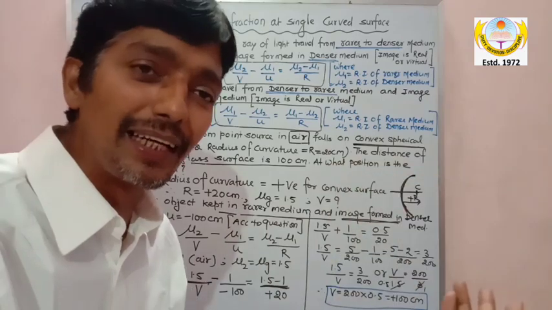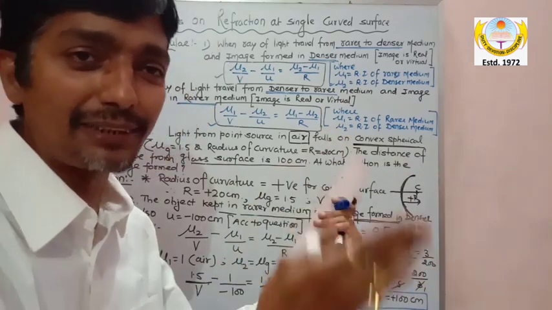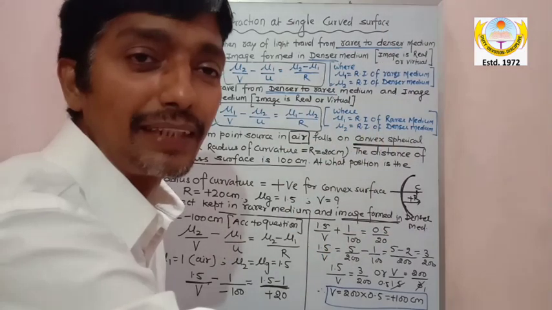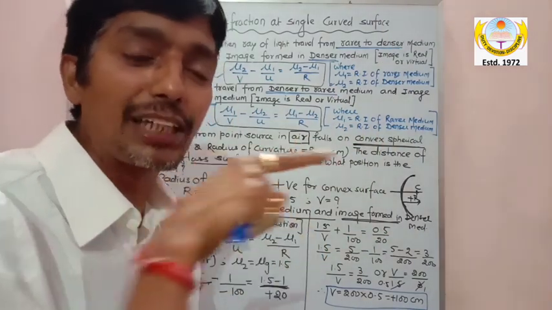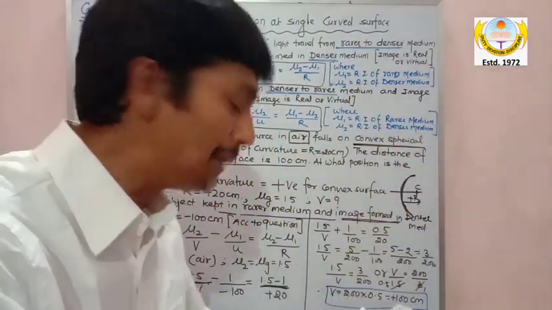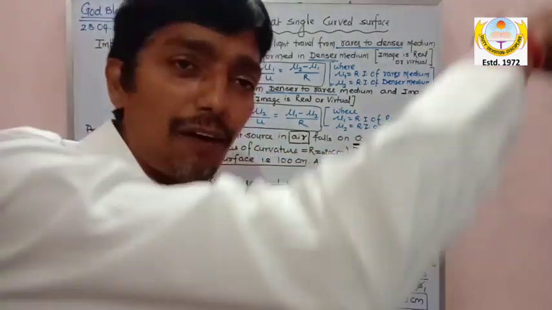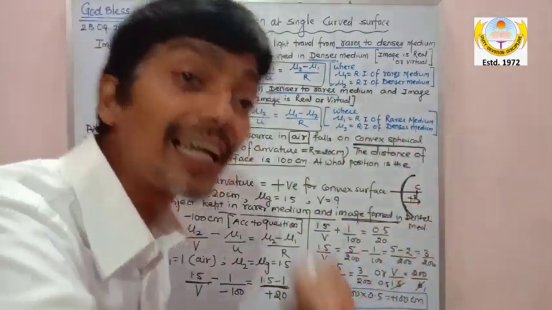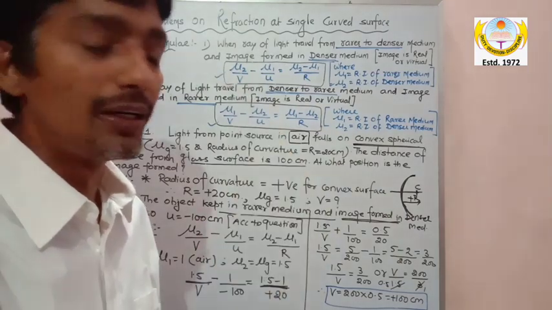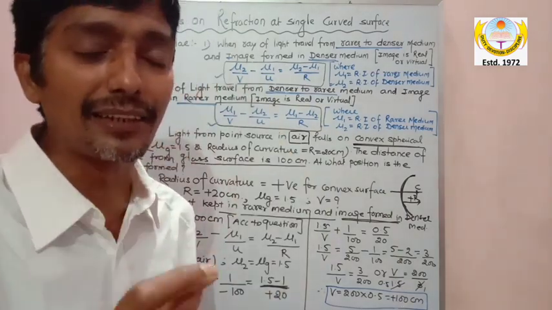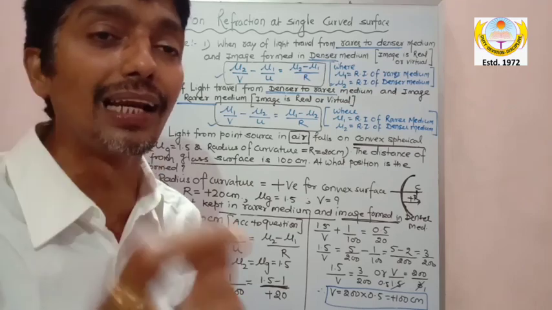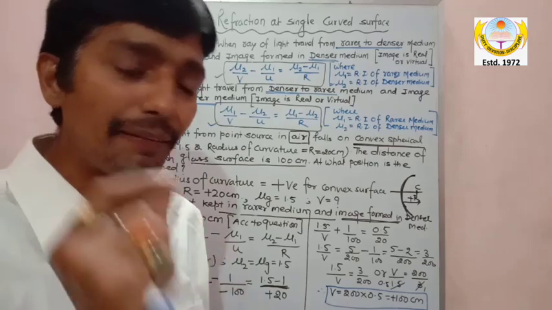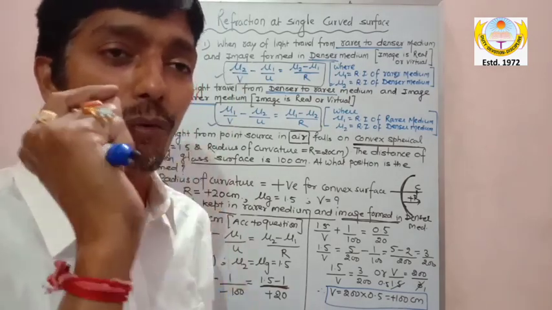Object is negative, meaning it is on the left side of the surface, and image is positive, so it is on the right side of the surface, that is, in the direction of the incident ray. Therefore the positive sign with the image distance shows that it is a real image. If a negative answer comes, then it is a virtual image.